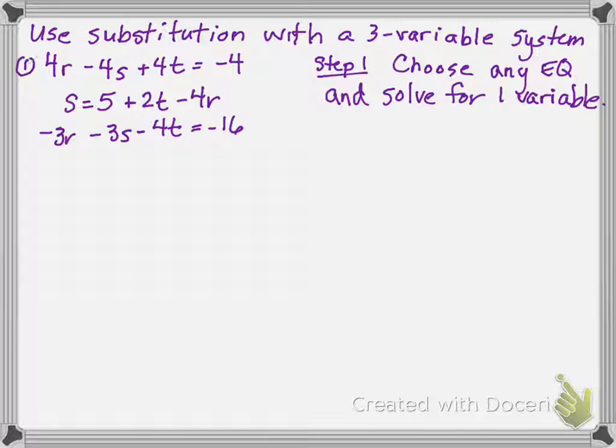I'm going to call this one equation 1, this one equation 2, and this one equation 3. Equation 2 is already solved for S, so we're going to choose equation 2 because it's already solved for S.